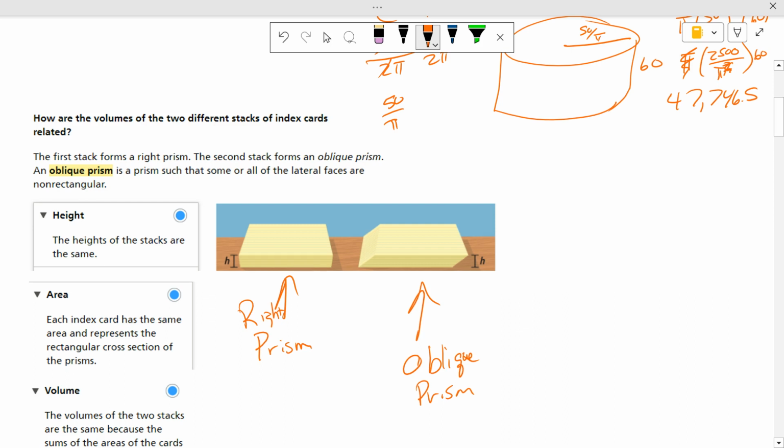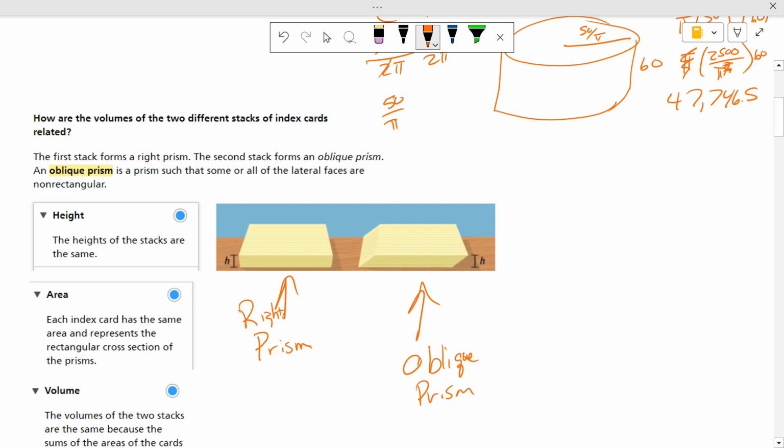Now, if I had a stack of papers and I slid them just like that, would the volume be any different in this stack of papers than this stack of papers? No. So a leaning object will have the same volume as a straight up and down object.